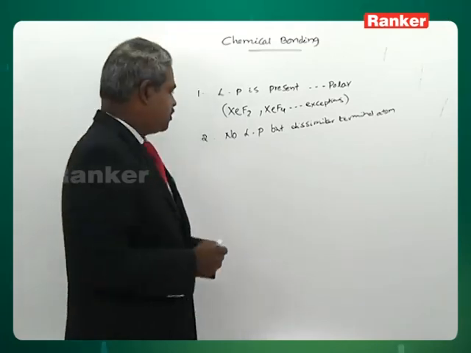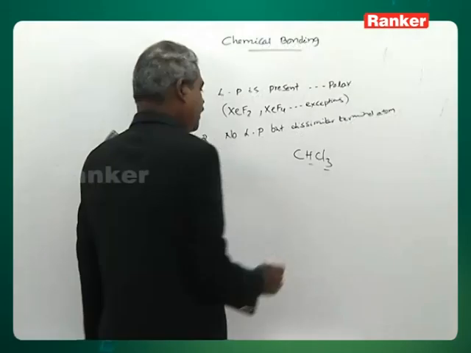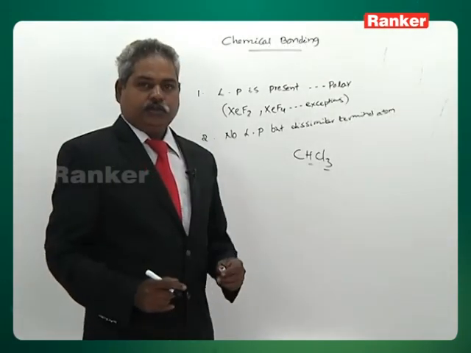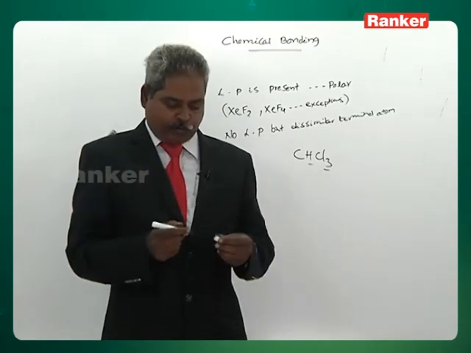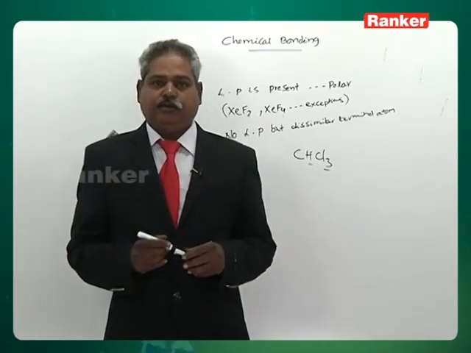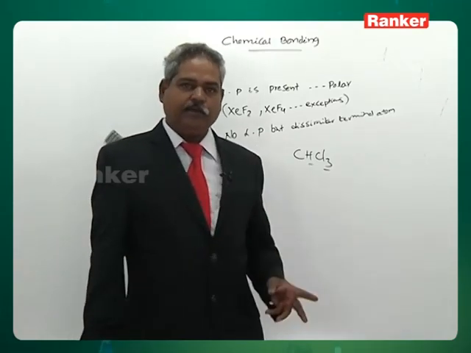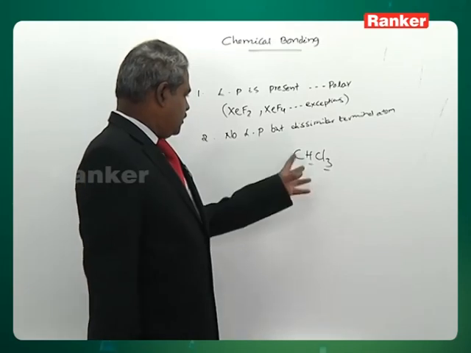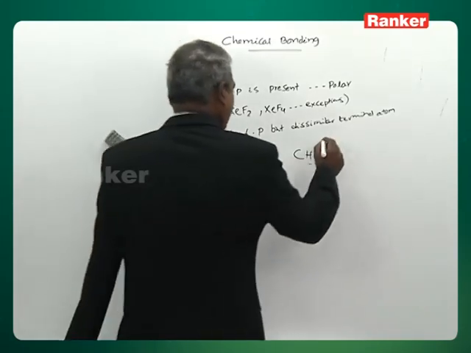But look at CHCl3. You have 1 hydrogen and 3 chlorines, they are not similar. So, whenever there is something dissimilar, that itself is polarity. Polarity means opposing nature. 2 poles, 2 opposite natures. Polarity means dissimilarity. So CHCl3 is also polar.